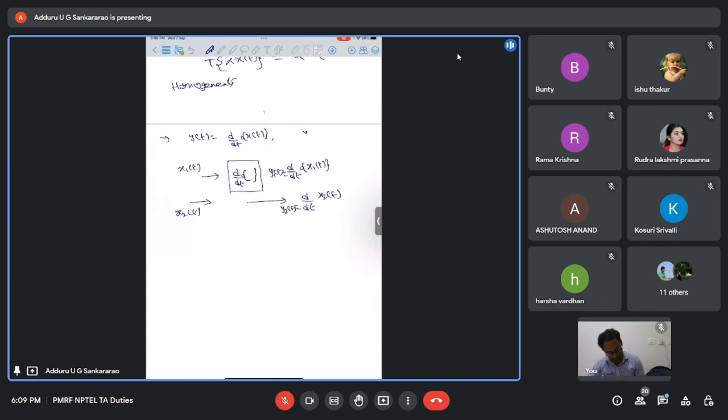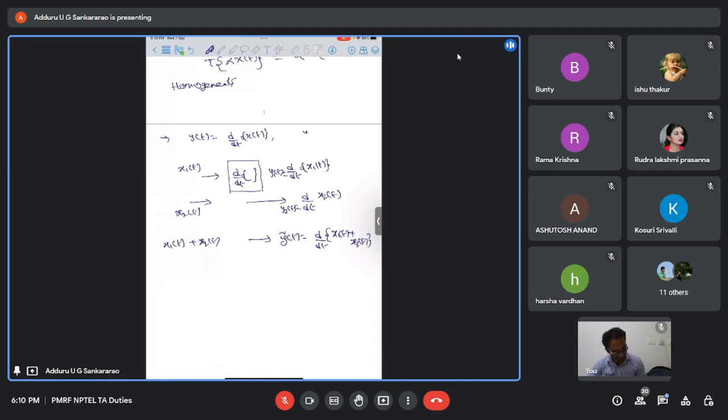Now if I combinedly give the input x1 of t plus x2 of t together, what is the output? Let us say that output is y tilde of t. That is d by dt of x1 of t plus x2 of t, right?